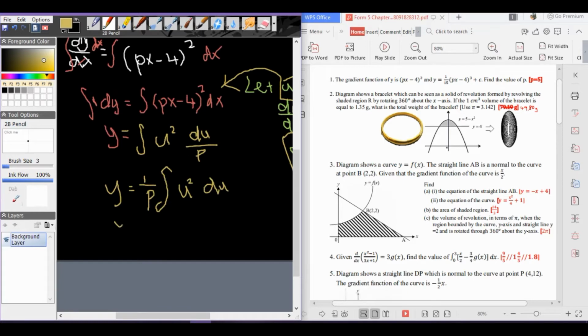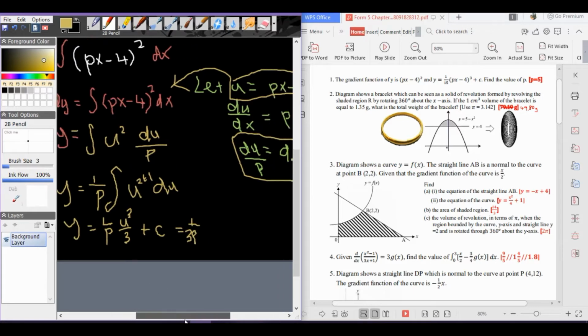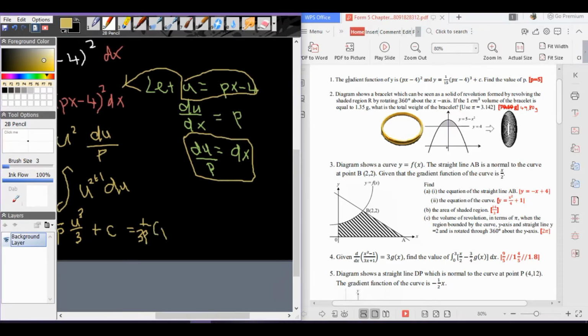Y equals 1 over p times the integral of u squared, so power plus 1, you have u cubed over 3. Then don't forget plus c. So this equals 1 over 3p u cubed. We substitute back the value of u, which is px minus 4, so (px minus 4) cubed plus c.